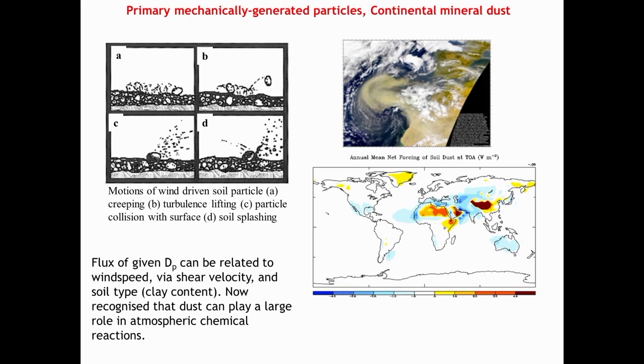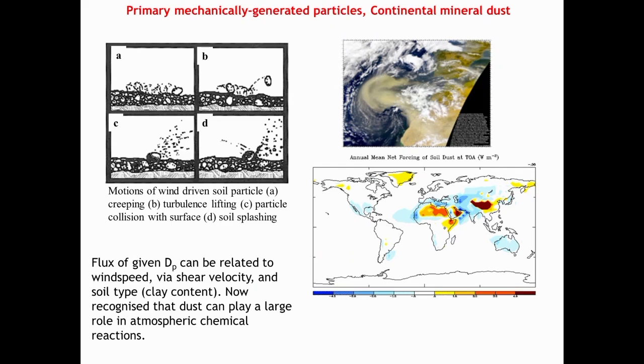So if you look at the top left figure, there are multiple ways of generating dust particles. So creeping means that the wind speed is not sufficiently high for the particles to be lifted. So the particles are just moving along the ground. Once you get sufficient turbulence, so the roughness of the surface is sufficiently large and the wind is sufficiently high, then you can end up with a bit of lifting of the soils.